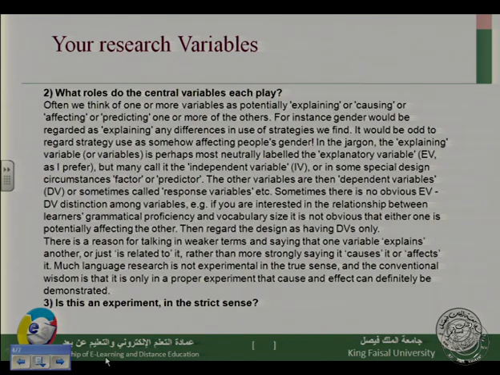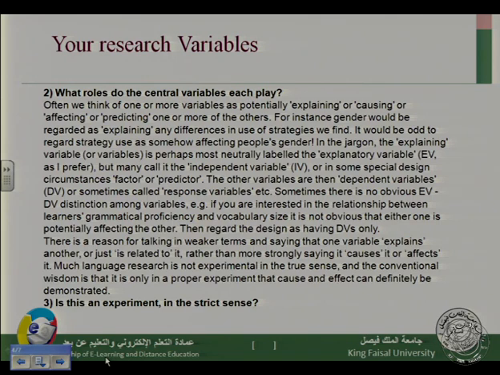The second question you want to ask yourself: what roles do the central variables each play? You need to know their role. Often one thinks of one or more variables as potentially explaining, causing, affecting or predicting one or more of the others. This is when I talked about dependent and independent variables.